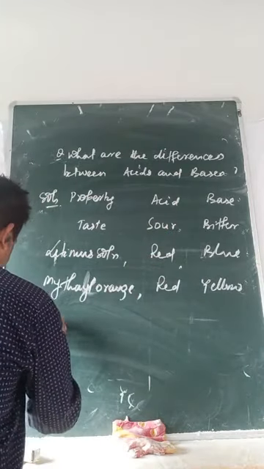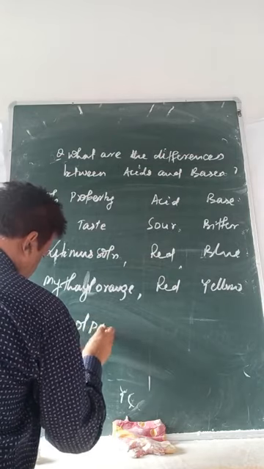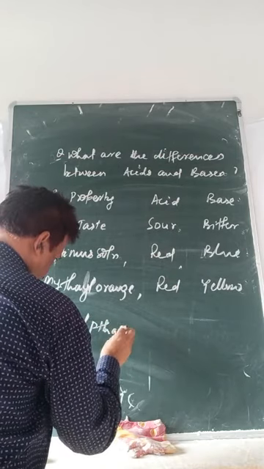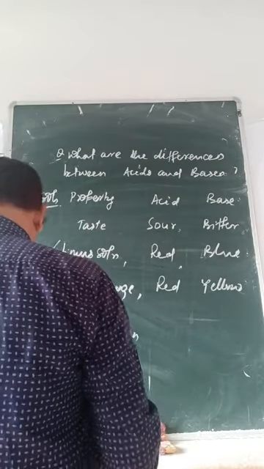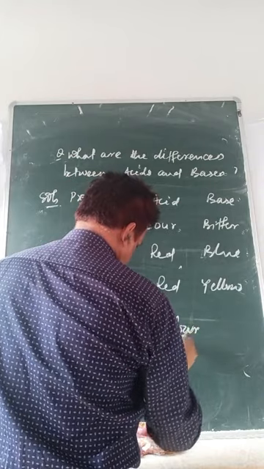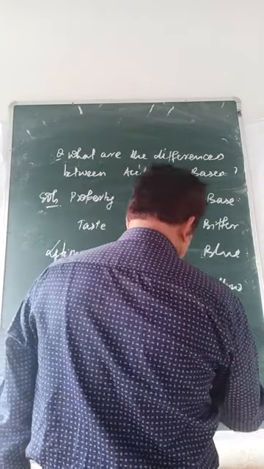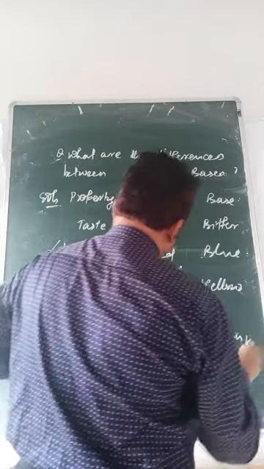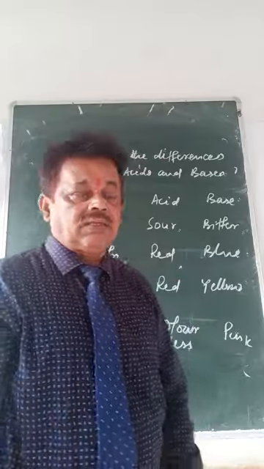Phenolphthalein becomes colorless. This is pink. So this is the basic difference between acid and bases.